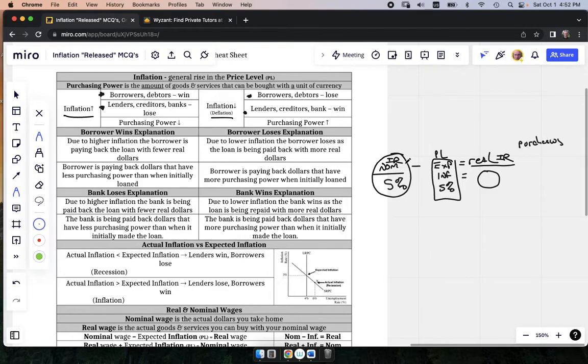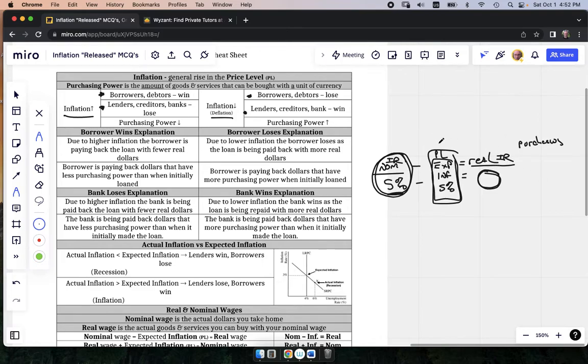You loan somebody money and you made 5% on that money, and then the price of everything went up by 5%. You can buy the exact same stuff as before you loaned them the money. Even though you charged them 5%, you lost 5% somehow due to the price level. So we recognize 5% nominal minus inflation equals real. Pretty easy.